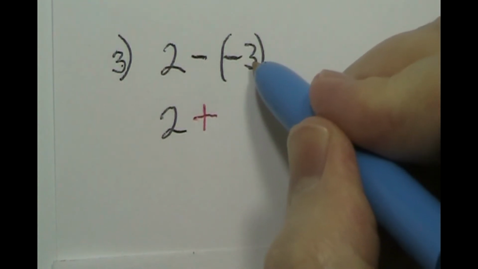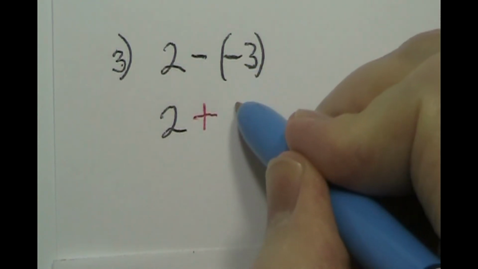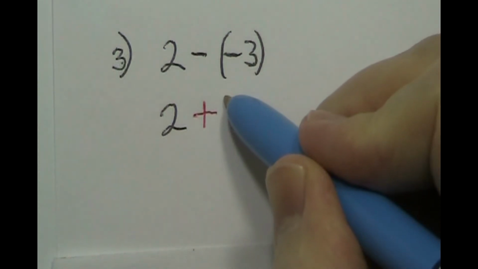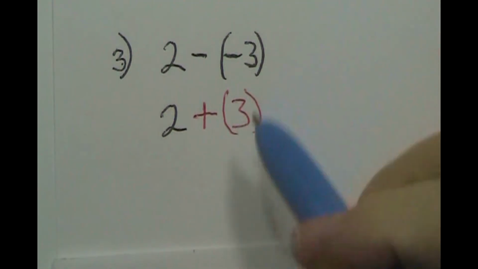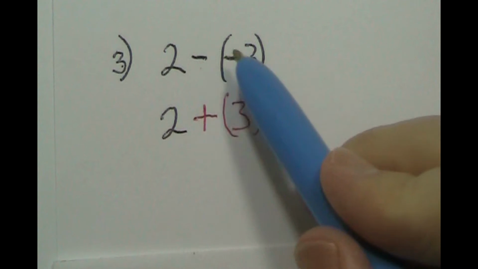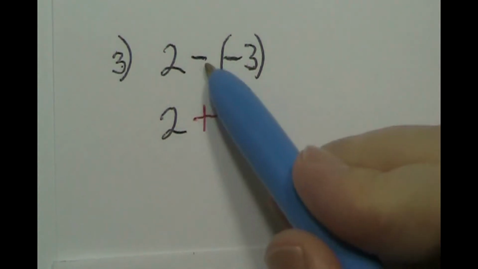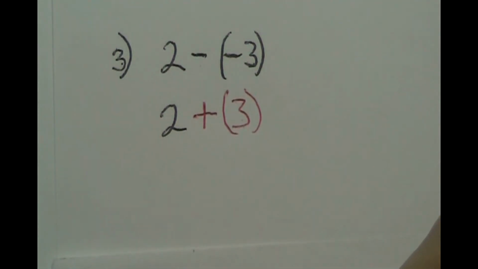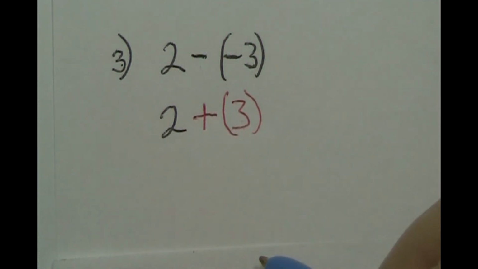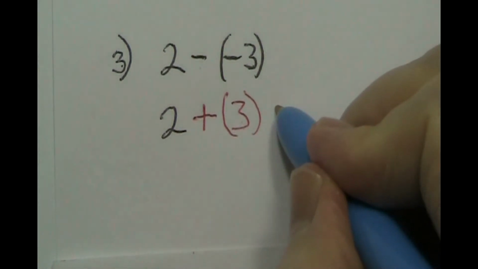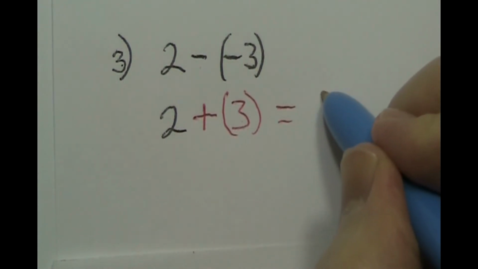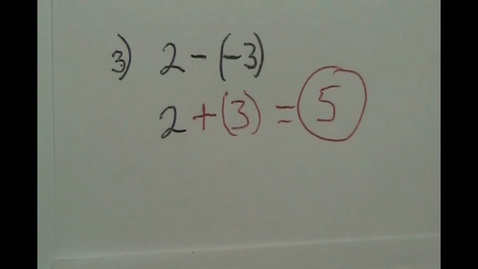This would be +3, right? And if you want to put parentheses, you can. You don't have to. I'm adding the opposite. Well, that's just 2 plus 3. Hello. That was first grade. That's 5.